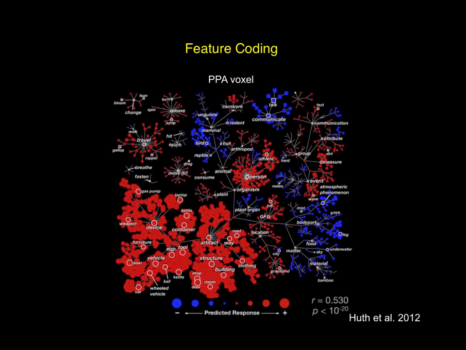So using this method, they were able to pull out at the individual voxel level the coding of that voxel in a more real-world type of setting.